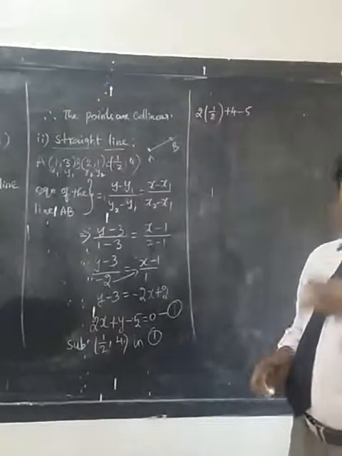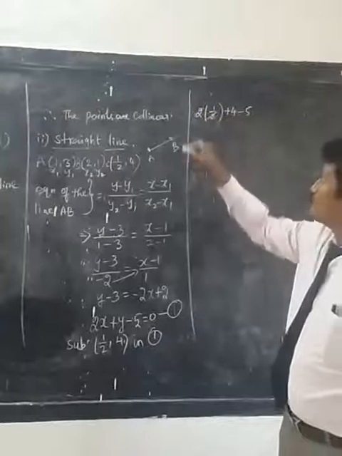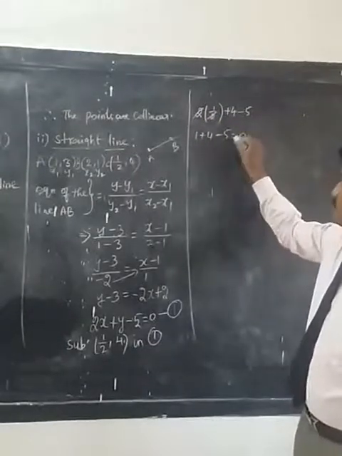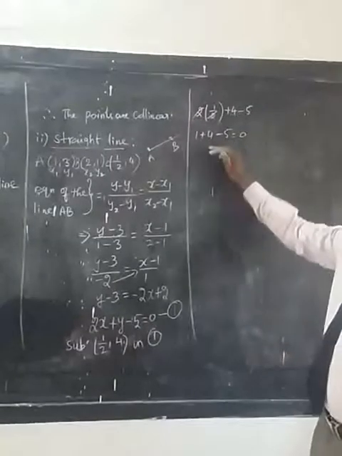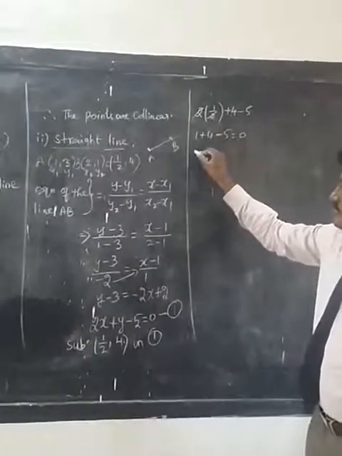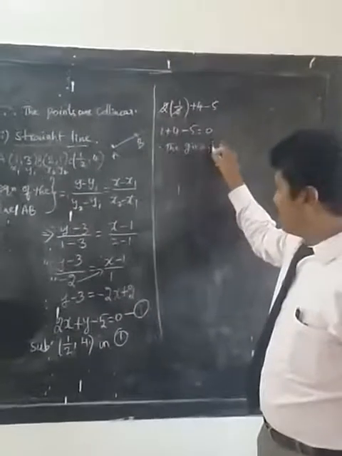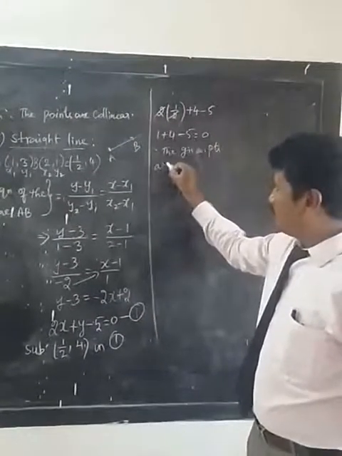I am going to check whether the answer is 0 or not. 2 gets cancelled. So 1 plus 4 minus 5, which is equal to 0. Since the answer gets tallied here, I will say therefore the given points are collinear.